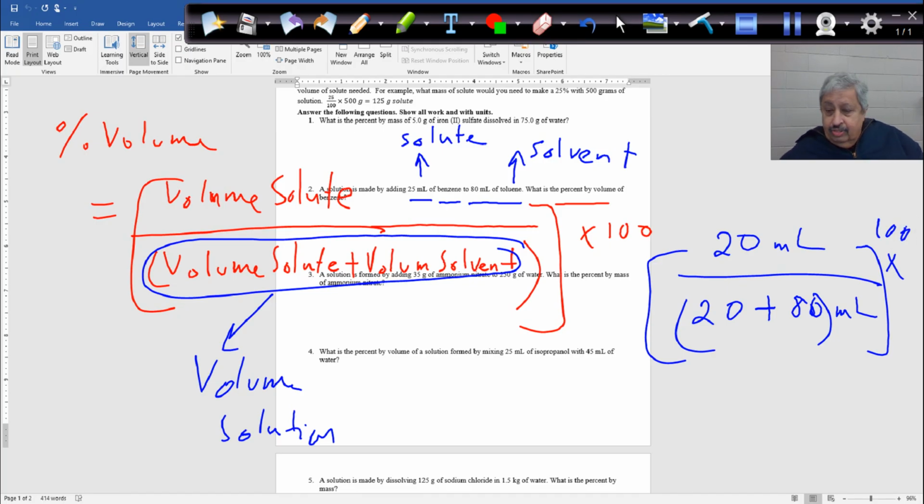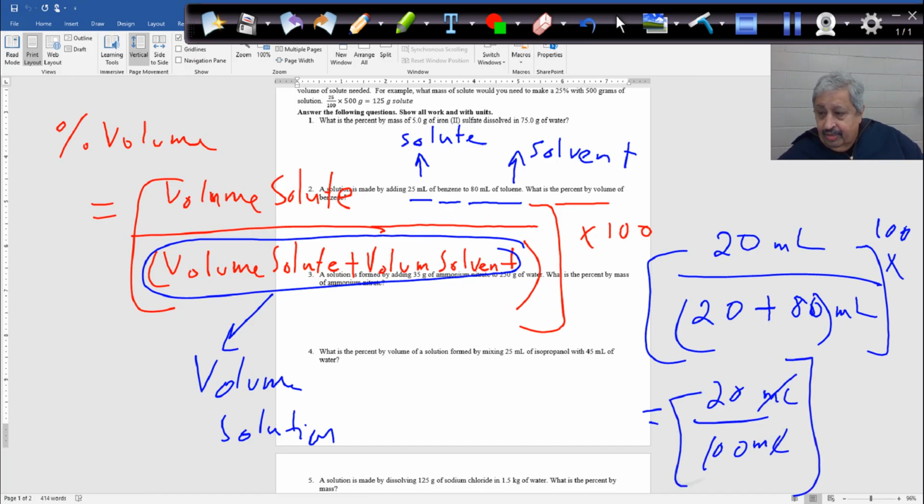Okay, guys? So this one here will be 20 over 100 mL, multiplied by 100. Correct? And the answer is 20, correct? The units are mL over mL, so they cancel.